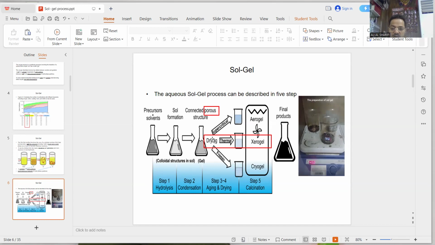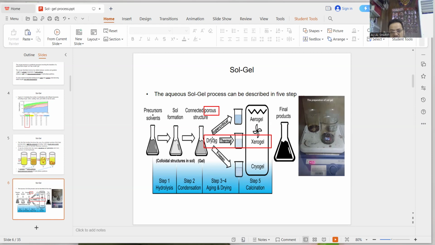After that, I will have the xerogel, and now at the xerogel, we don't have solvents. Why? Because of the temperature treatment. Here, like I remember, less than 300.